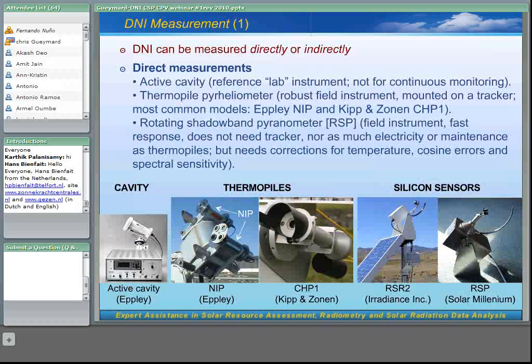It doesn't use as much electricity or maintenance as thermopiles, but because it's a silicon sensor, it needs corrections for temperature, cosine errors, and spectral sensitivity. So you know, there are pluses and minuses in everything. In the bottom part of the slide, you see the different types of instruments: the active cavity, two types of thermopiles, and two types of rotating shadow bands.